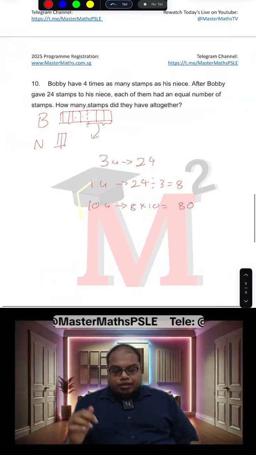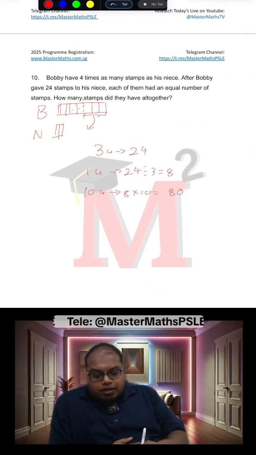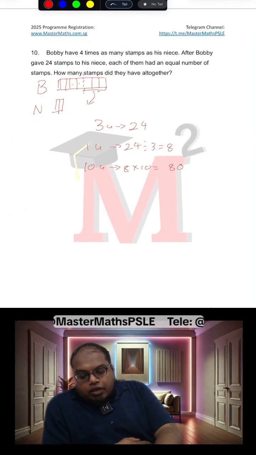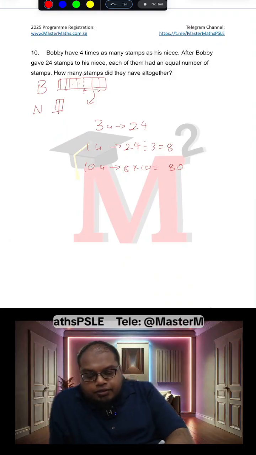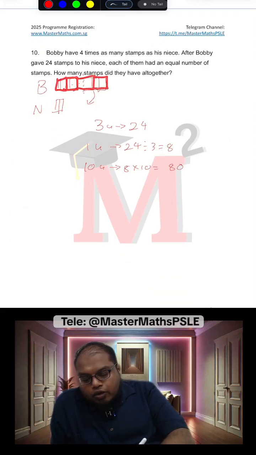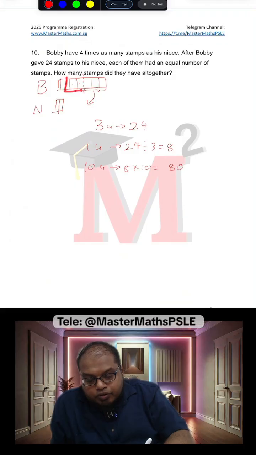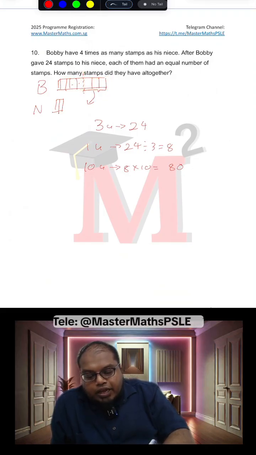Alright, and the last question for today. For this one, let me rewrite in a slightly different way. I explain the solution I have here first. So initially we got 4 times as many, which is 1, 2, 3, 4, and the 1. Then from here to here, the 3 boxes, I cut half here.